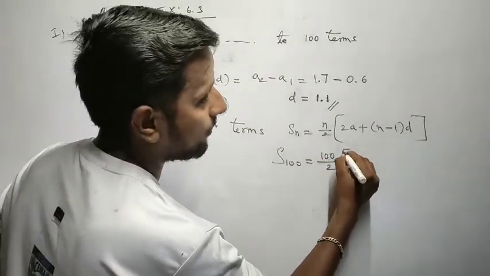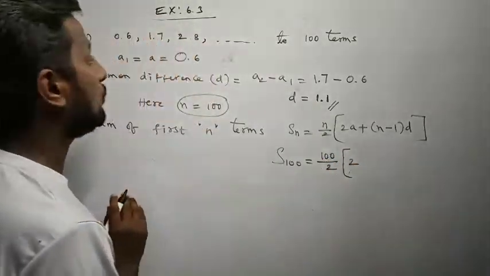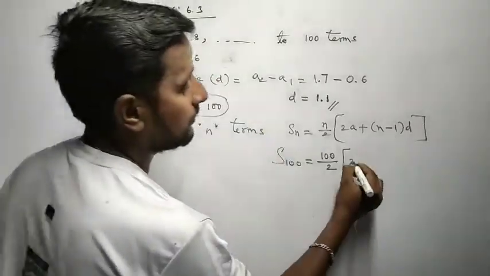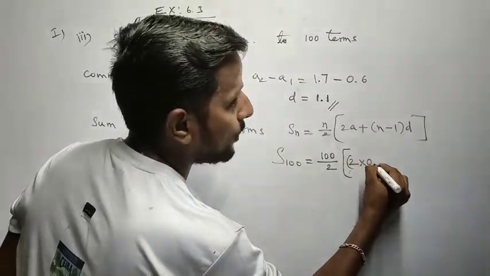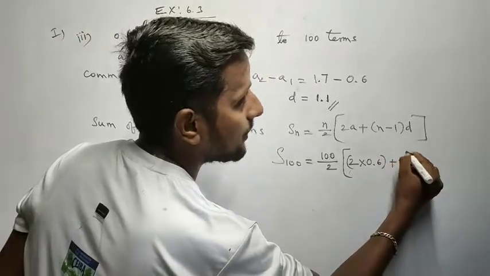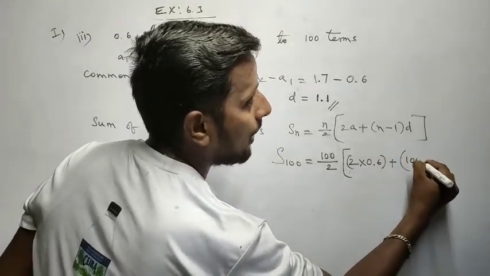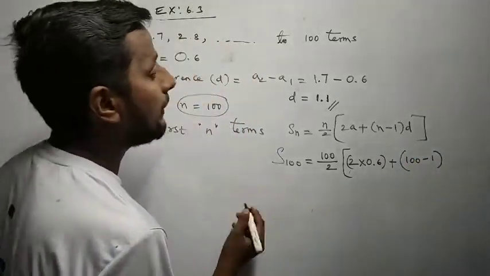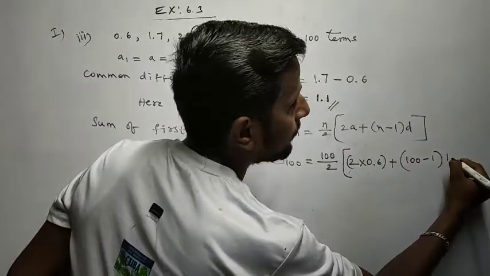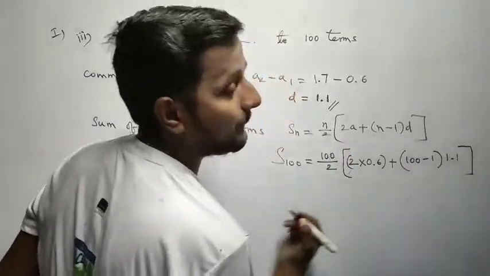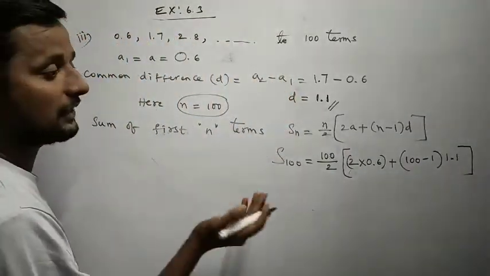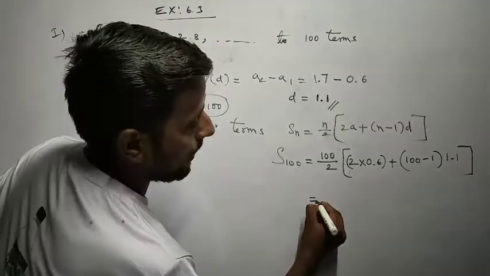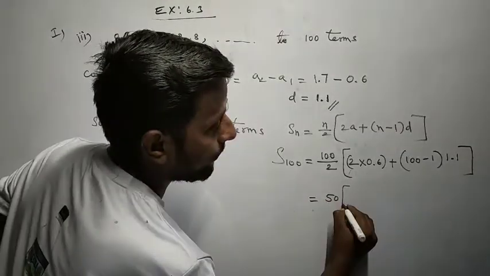100 by 2, a value here, 2 into 0.6 plus n value 100, 100 minus 1, d value 1.1. Yeah, we are lucky because we are getting all decimal numbers. 100 by 2, 50.